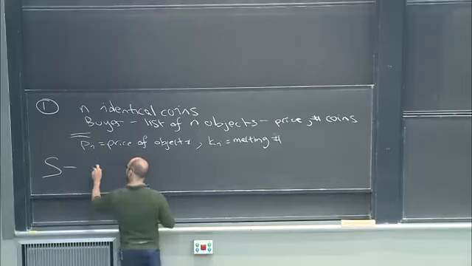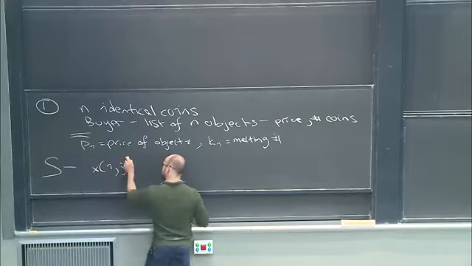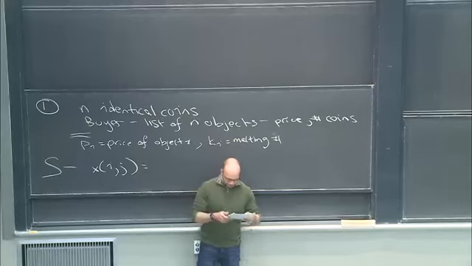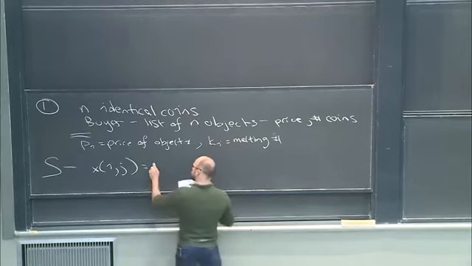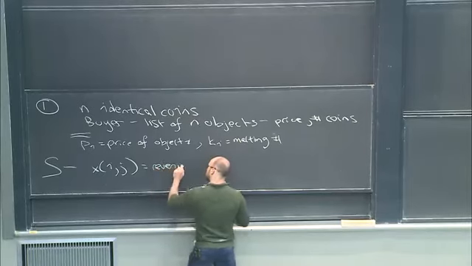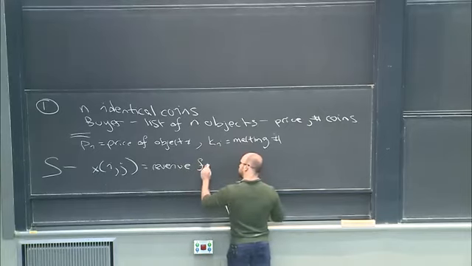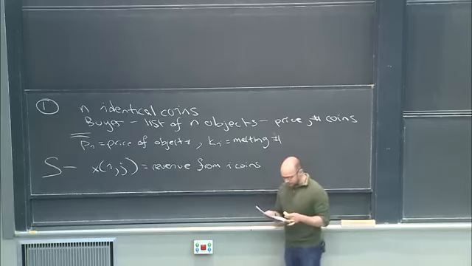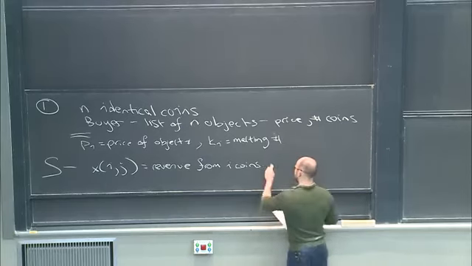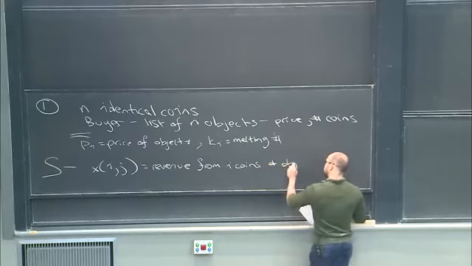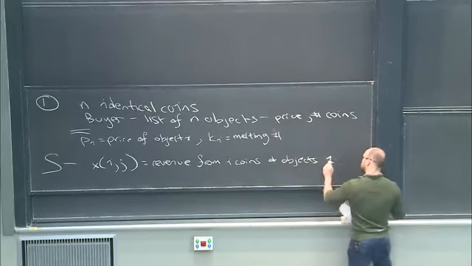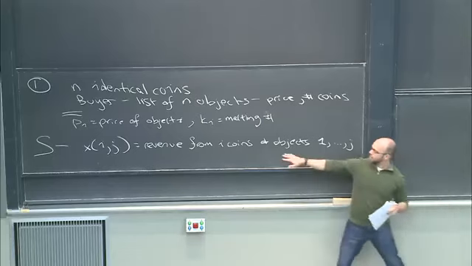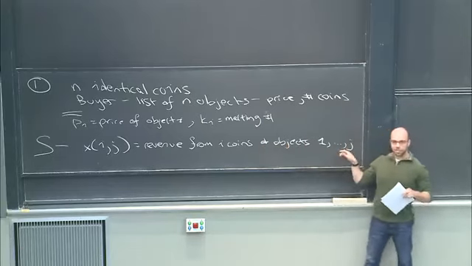Then essentially what we want to do is define our variable x_ij, the thing we're going to compute, to be the revenue from using i coins and objects 1 to j. In other words, I have i coins left in the bank, and I'm only allowed to use the first j objects.